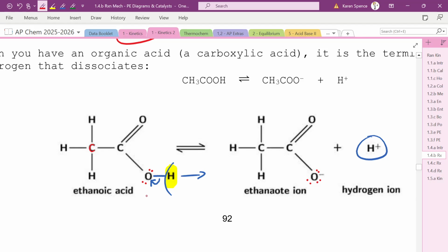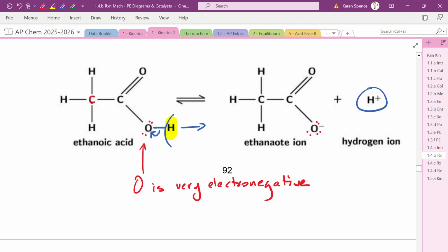Yeah, so O is very electronegative. What does it mean to be electronegative? Electronegativity is, yes? In a covalent bond, they're more likely to have the electron.